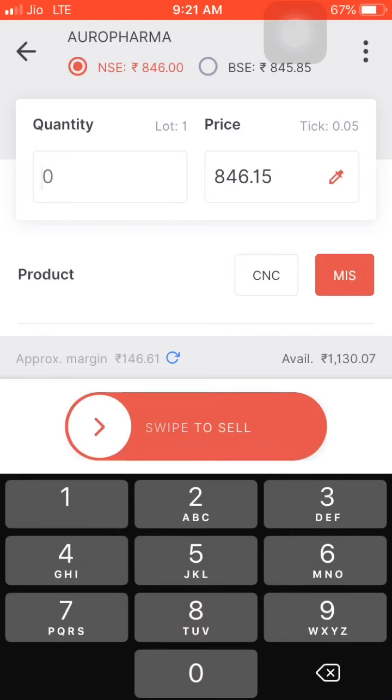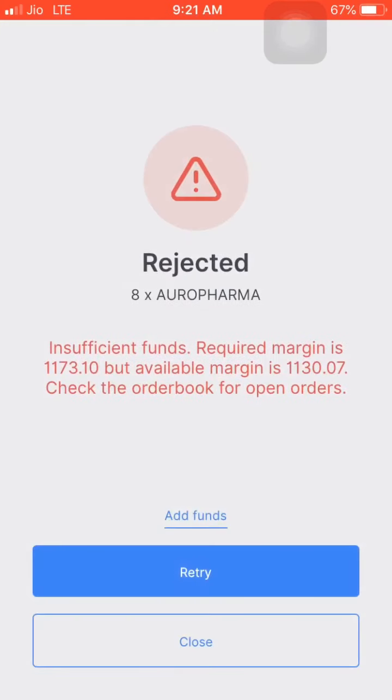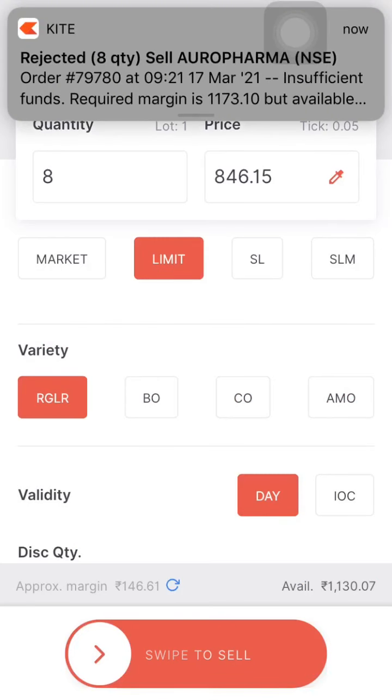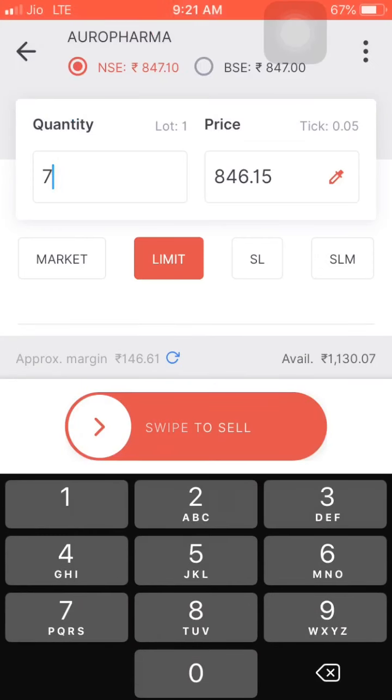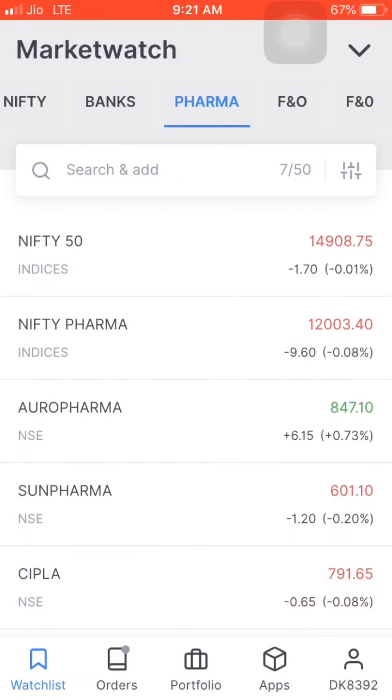Guys, for the second trade we are going for Aurobindo Pharma for 8 quantities, going for a short position. Funds are not enough, so 7 quantities at 848. Let's see whether it will be executed or not.